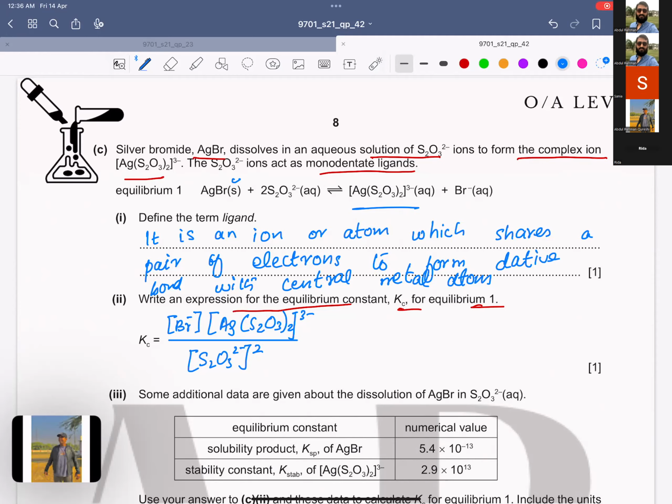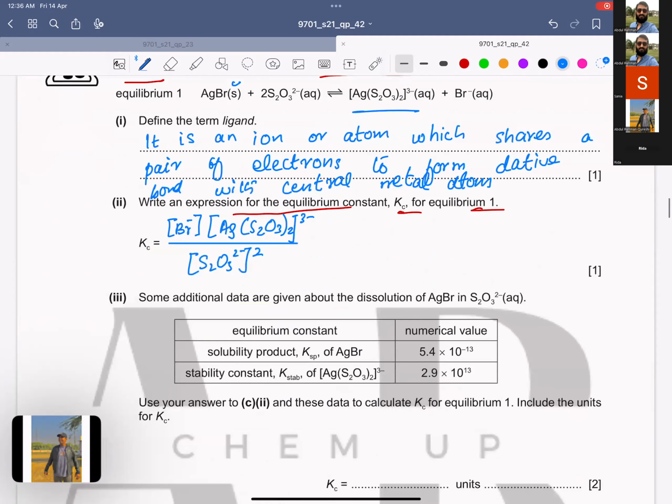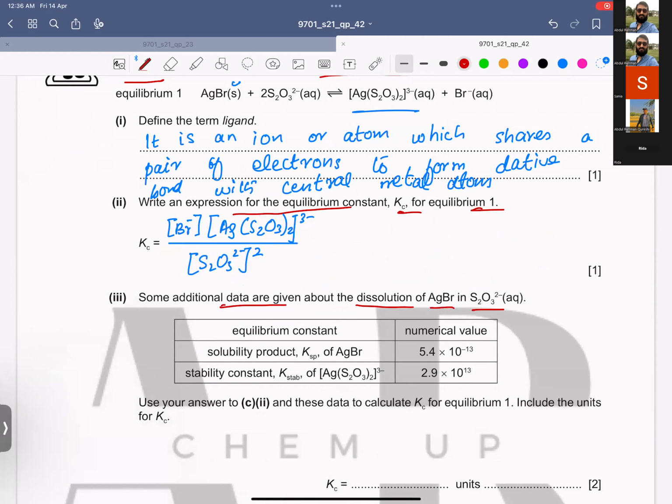Then next part. Some additional data are given about dissolution of AgBr in S2O3 2-. Ksp and Kstab.